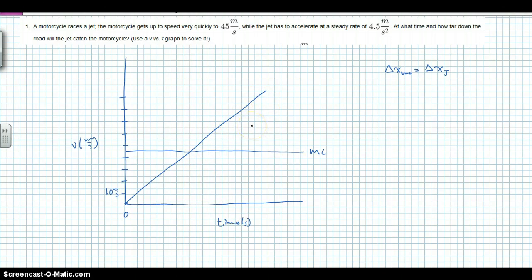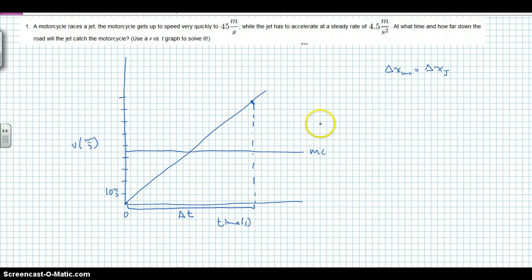We can actually solve this problem by symmetry, but I want to make sure that we have tools to solve it when the situation is not quite so neat. So let's say that it's this point, sometime down the road, where the jet catches the motorcycle. So that is sometime delta t. And both the motorcycle and the jet have been traveling for a time delta t.